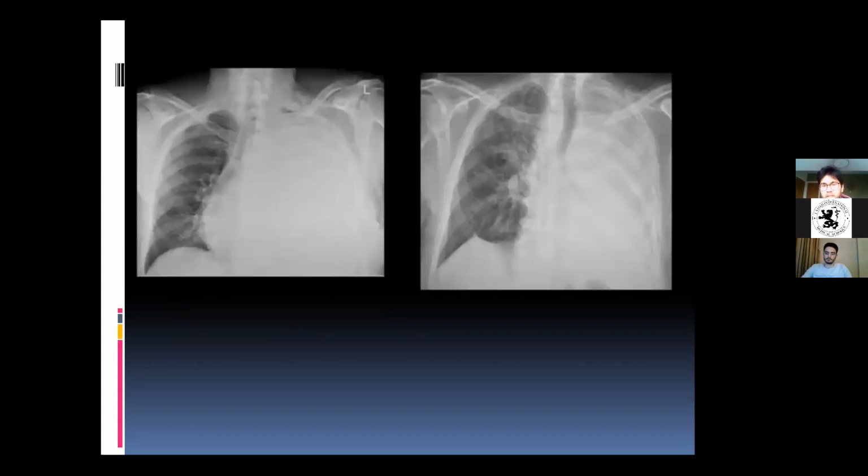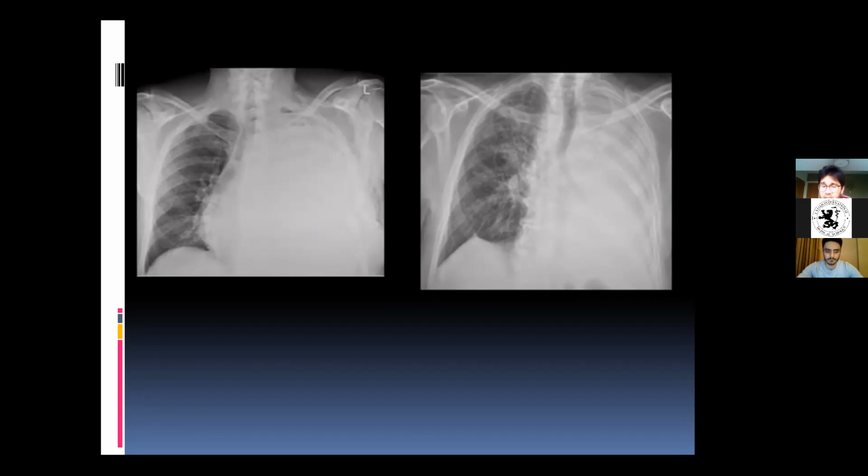Right, what do we have here? I want you to tell me what we actually see on the left side and what we actually see on the right side. Okay, fine.